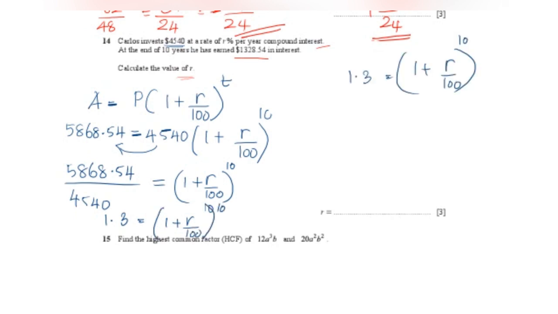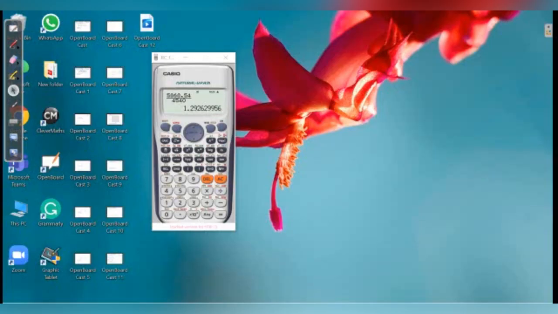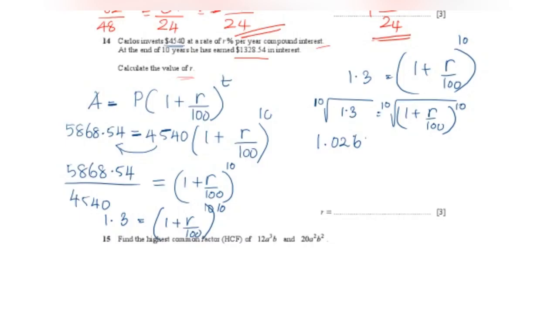Now in order to remove this 10th power, we should take the 10th root on both the sides. So taking the 10th root on both the sides, 10th root of 1.3. Let's enter this in the calculator. 1.0265 is equal to 1 plus R upon 100.